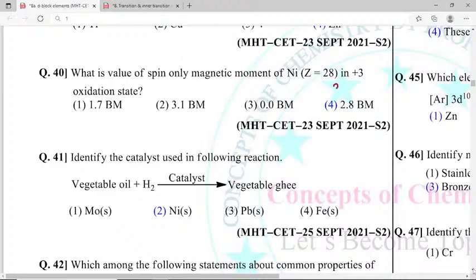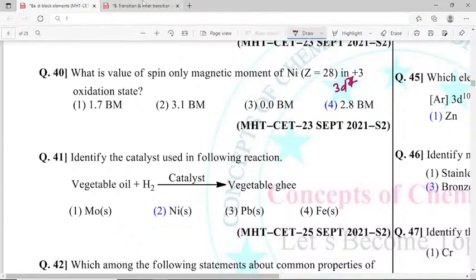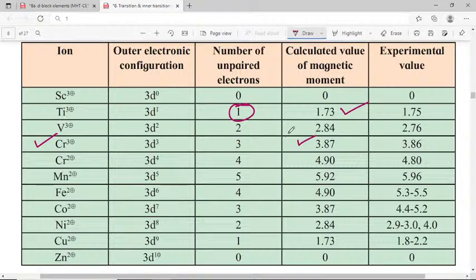This is 3d8, +3, actually 3d7. Okay, 3d7. Nickel is in the +3 oxidation state.